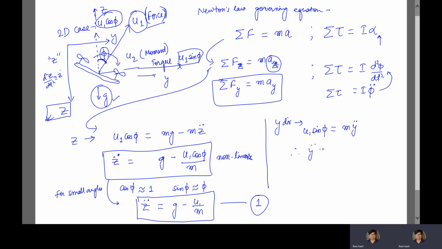So y double dot is u1 sin phi by m, and again with the linear assumption of small angles, I can write this as u1 phi by m. So this is your second equation.